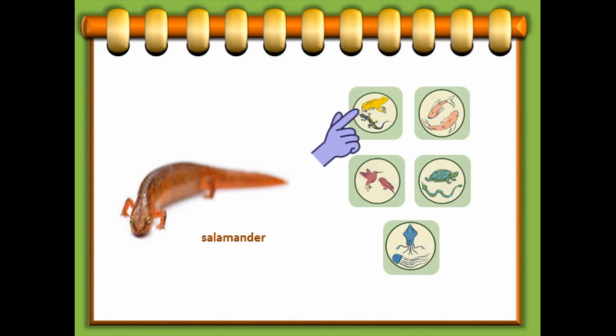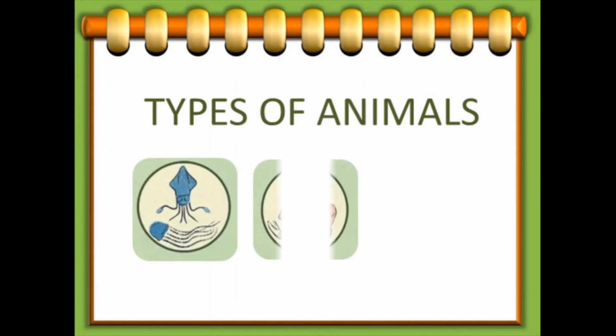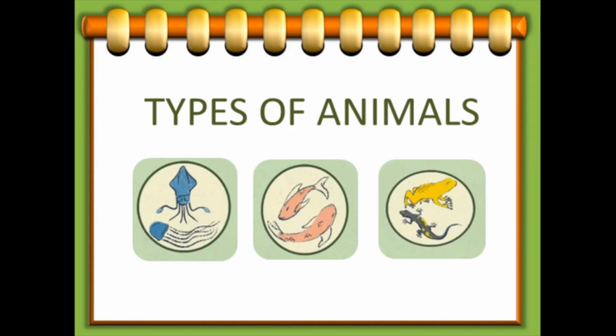Very good. It's an amphibian because its skin is smooth and slimy. There you have it. For today's video, you have learned the 3 types of animals, namely invertebrate, fish, and amphibian. The other types of animals, we will have it the next time.